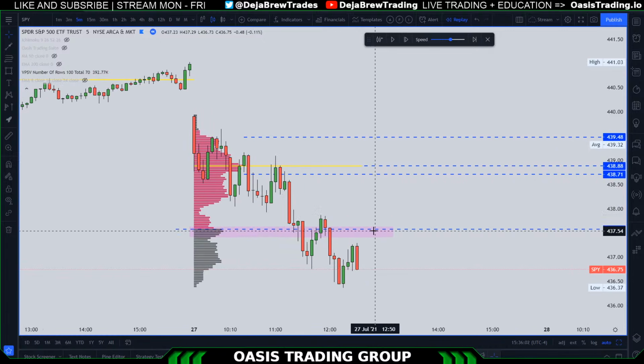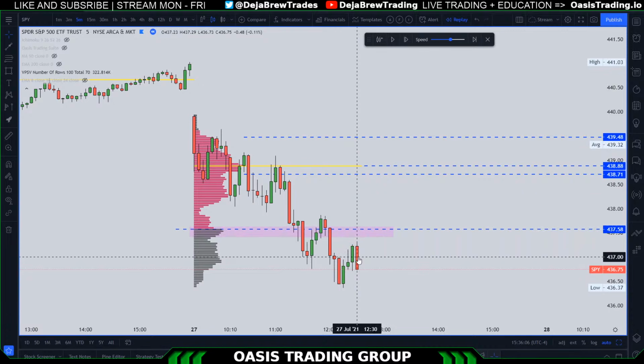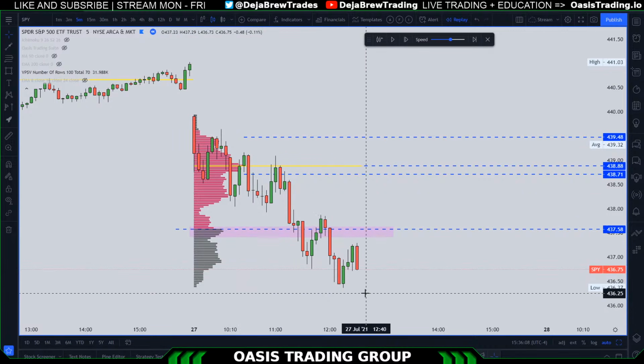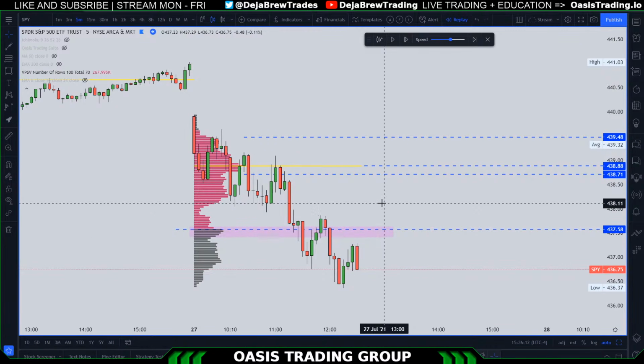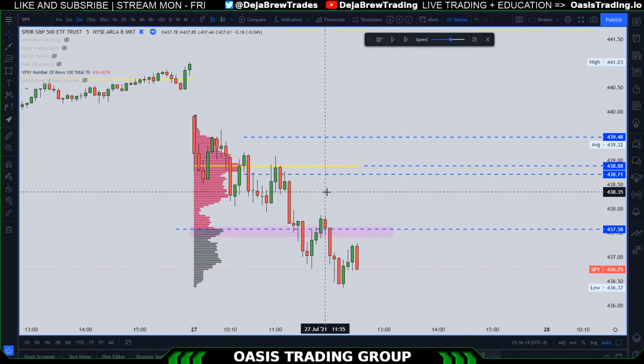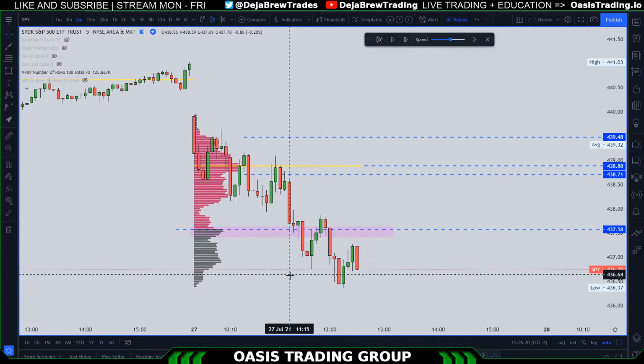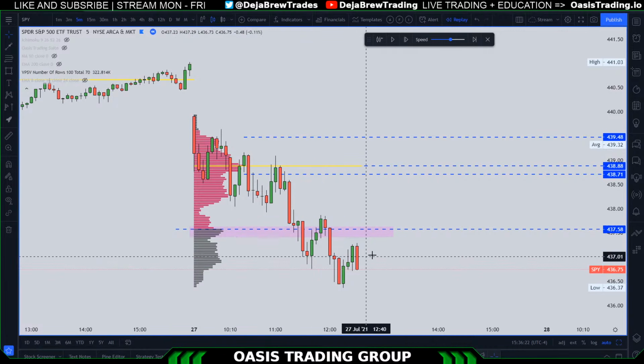Okay, so like I was saying earlier, you could try to buy the lows and kind of sell the retest of the POC and whatnot. But today is shifting more so into a bearish imbalance than it is a balanced day. So trying to buy the lows is extremely risky.